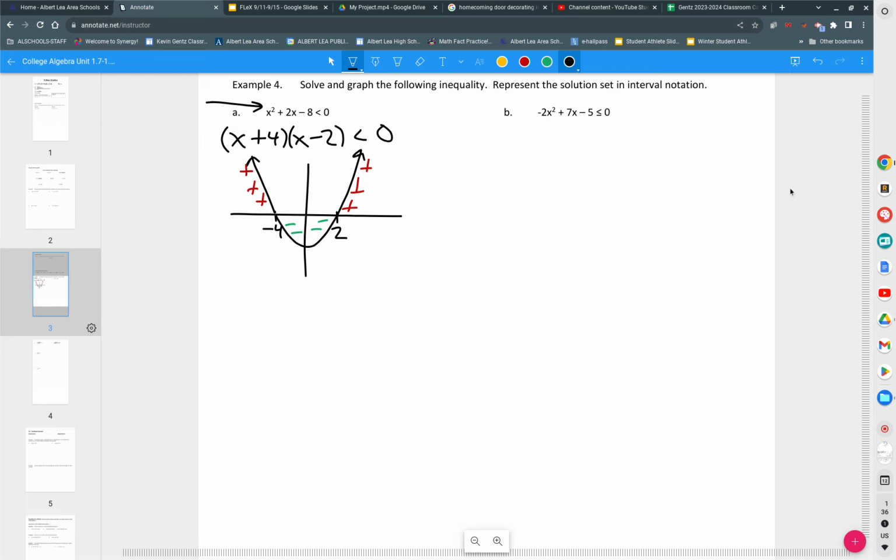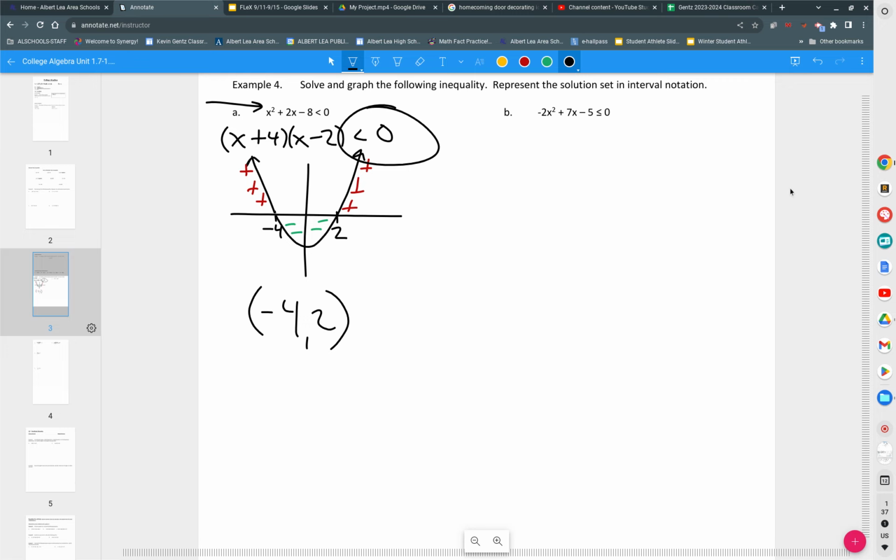Are we wondering where it's positive or are we wondering where it's negative? Negative. Thank you. We are wondering where this is negative because we are wondering where this expression here is less than 0. So it is less than 0 here. So the answer lies between -4 and +2.